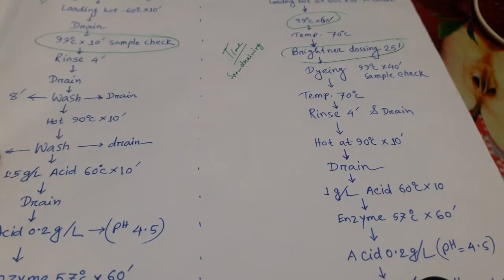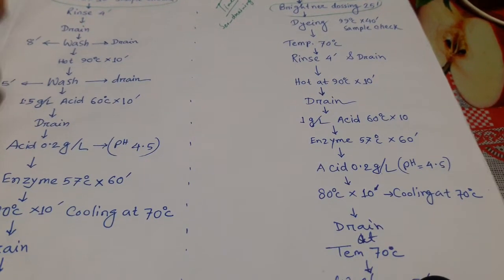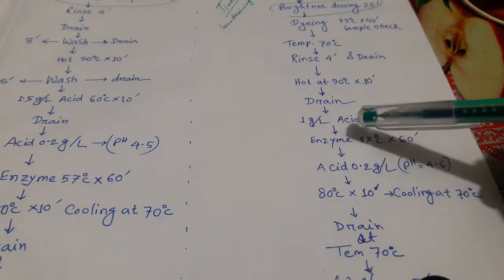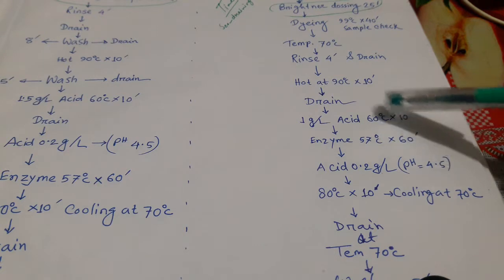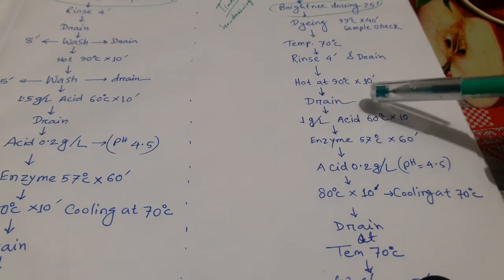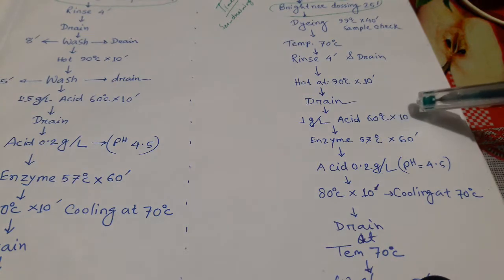This is the white program running. I'm talking about the white program now. Then we drain and use 1.0 gram per liter acid at 60 degrees centigrade for 10 minutes.